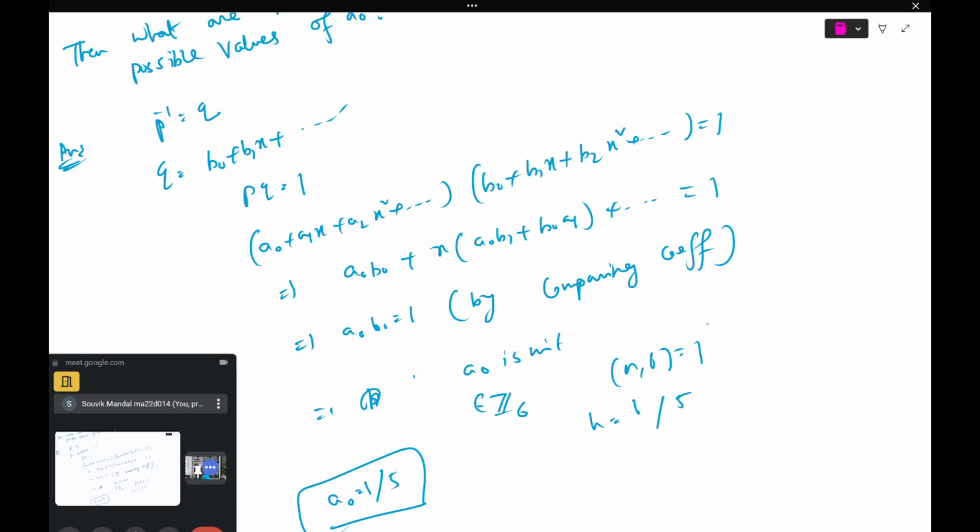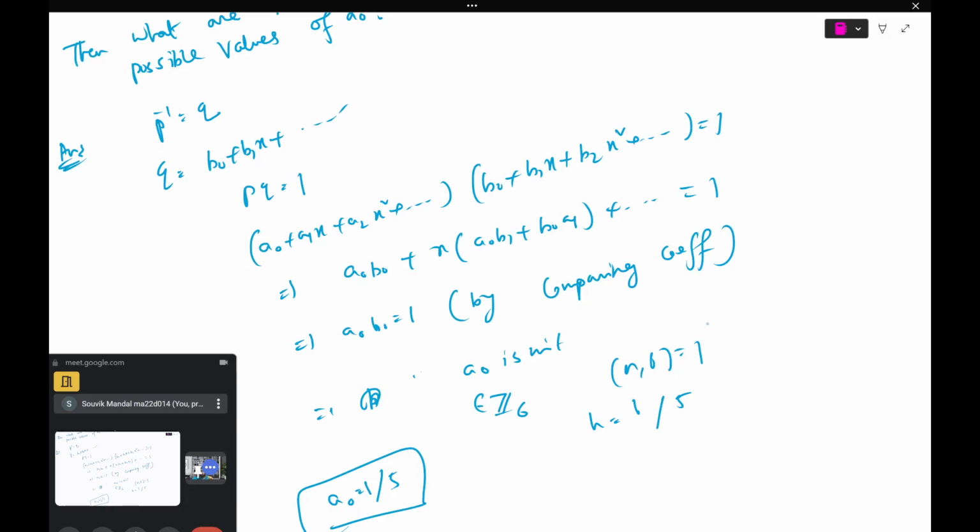So what are the possible a0s? For that, it is given that P is a unit.